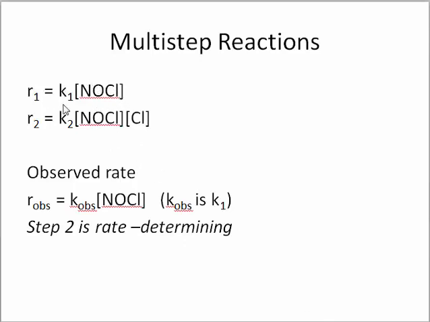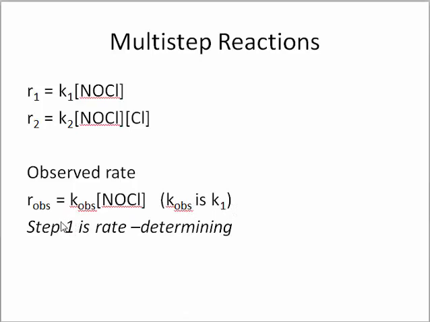It's an elementary first order reaction. Rate law for step 2 is k2 times [NOCl][Cl]. The observed rate is k[NOCl]. k, the observed rate constant, is k1 in this case.